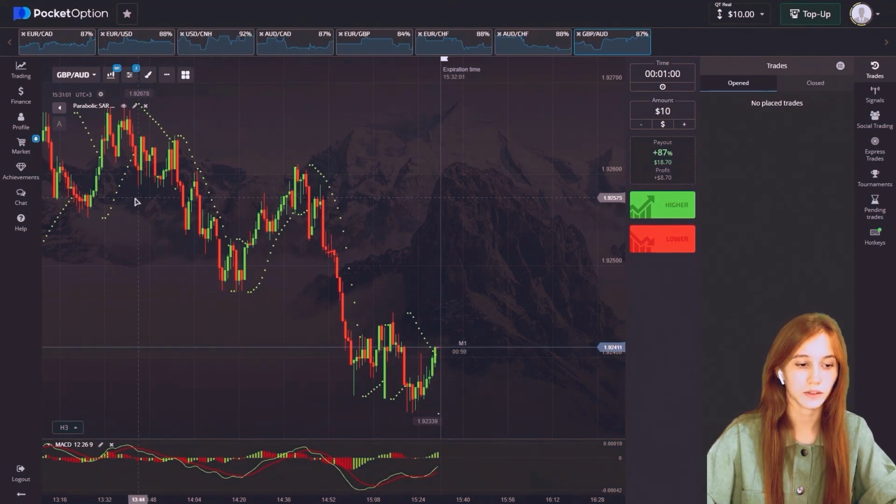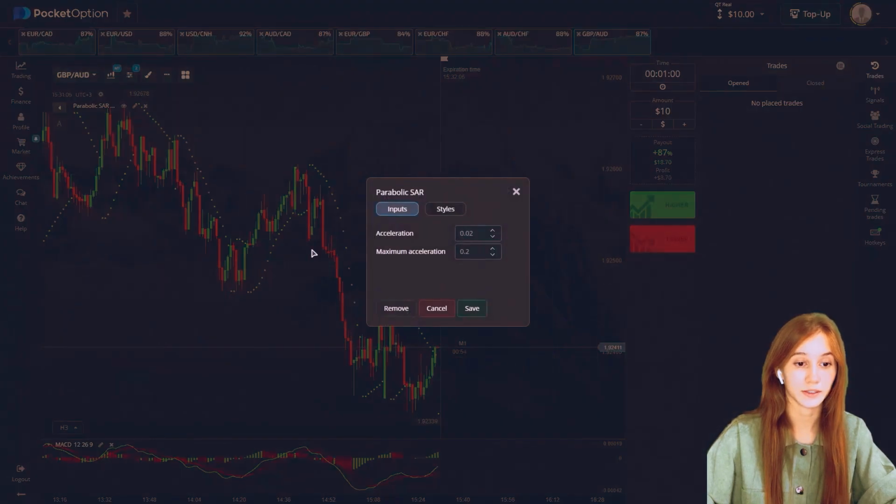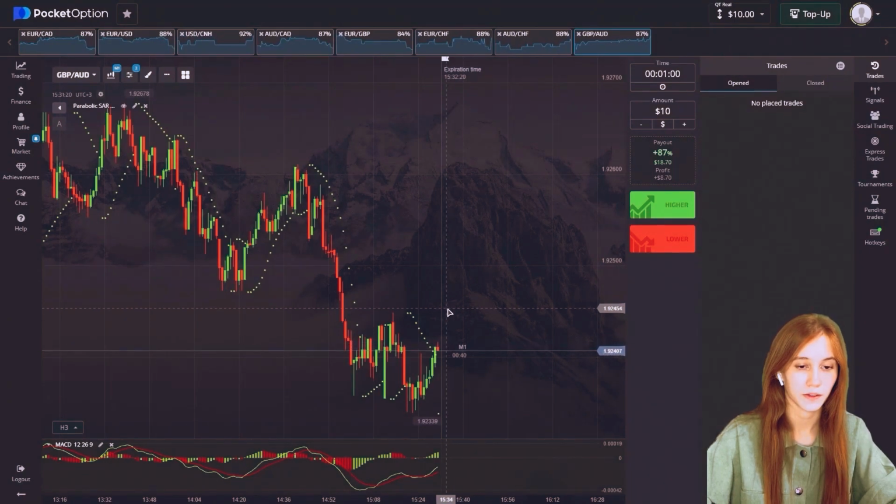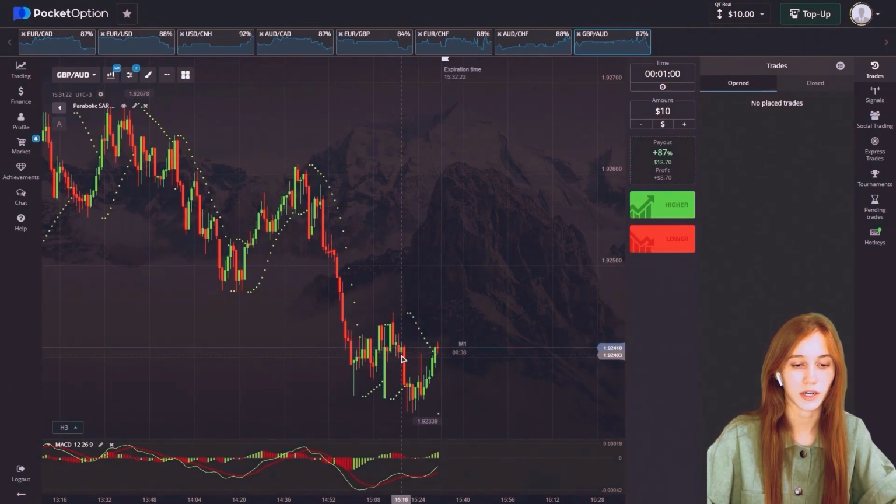The first one, you see it on my screen, its parameters. You can copy it and use it. So parabolic strives to recognize the right moments when the current position should be closed and I open the opposite one accordingly.